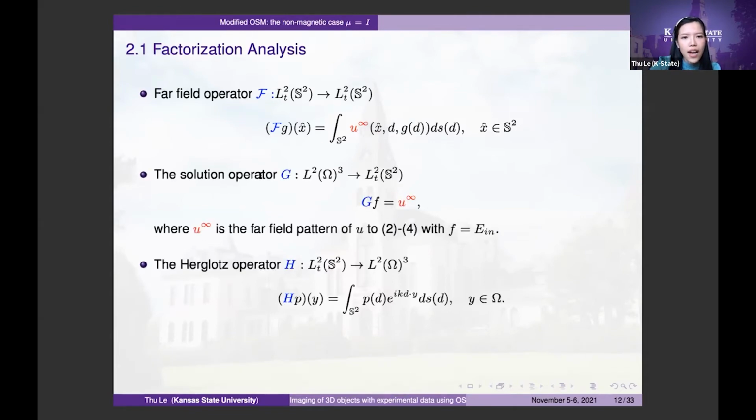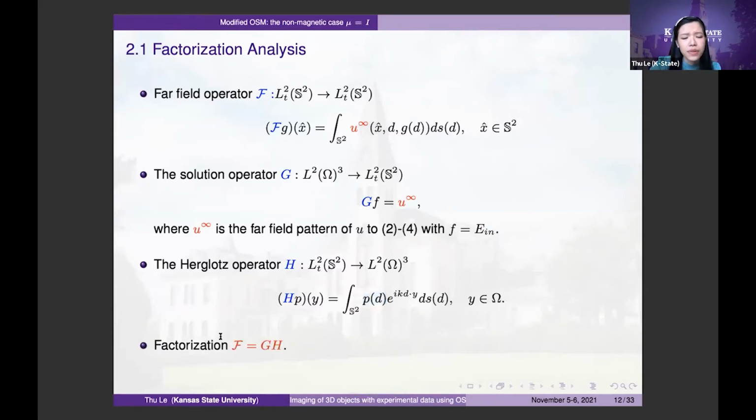Then we define the solution operator G that turns the incident waves into the far field pattern. And then we define the Herglotz operator H, which is basically the integral, the sum, of incident waves.